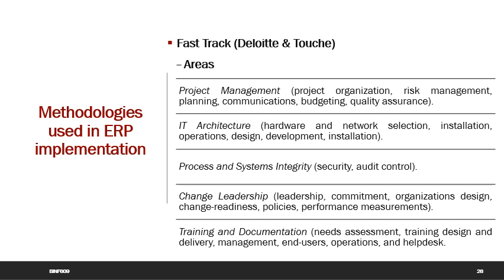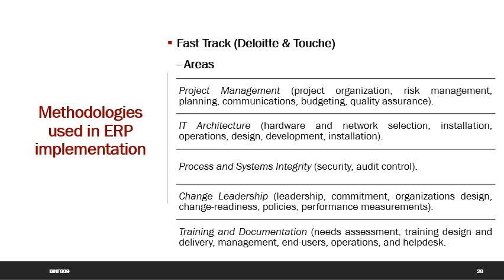Fast Track identifies 5 areas as an individual thread to be woven into a unified fabric through its 5-phase work plan. These areas and their functions include project management, and its function is project organization, risk management, planning, monitoring, communication, budget and staffing, quality assurance.